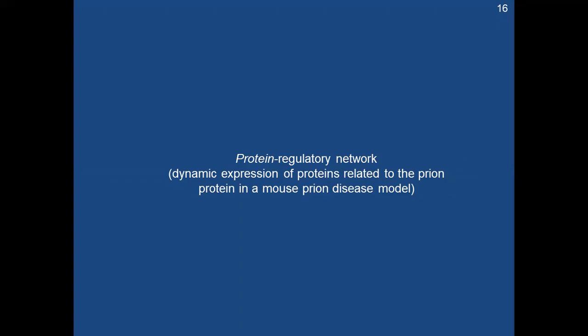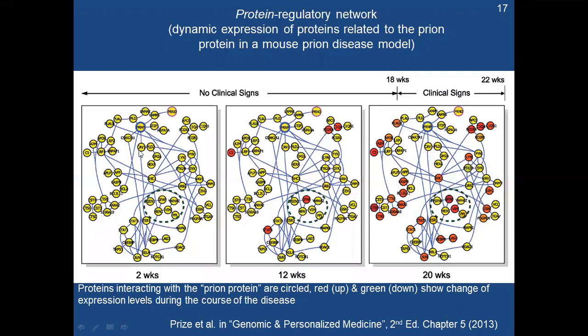Now, in this example here on the left, we start with mouse at 2 weeks of age, 12 weeks, 20 weeks. These mouse generate symptoms of disease around 18 weeks. Before that, they don't have any symptoms.